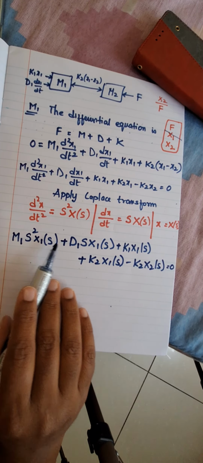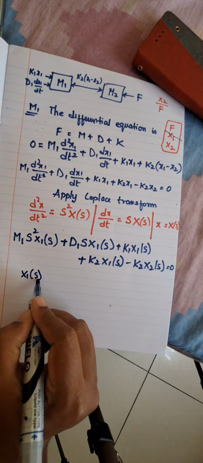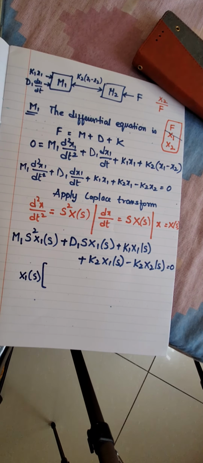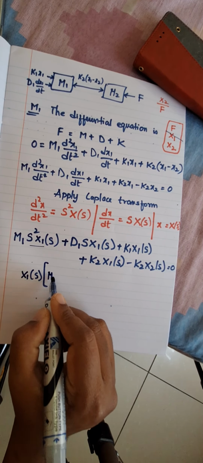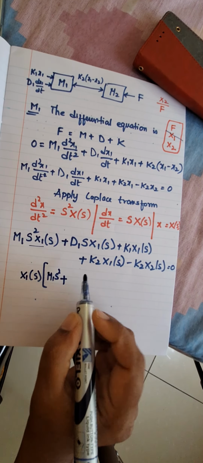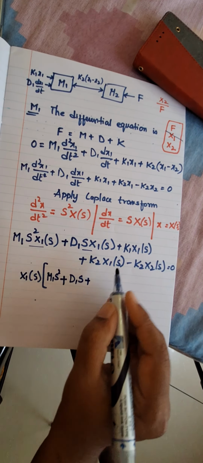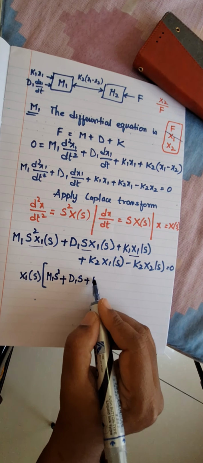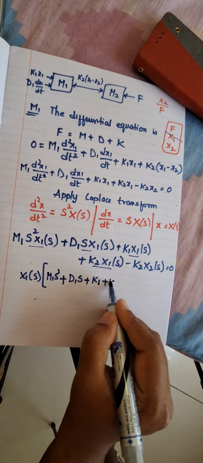In this, you see x1, x1, x1, x1. So let me take X1 of s as common. So X1 of s times m1 s square plus d1 s plus k1 plus k2.